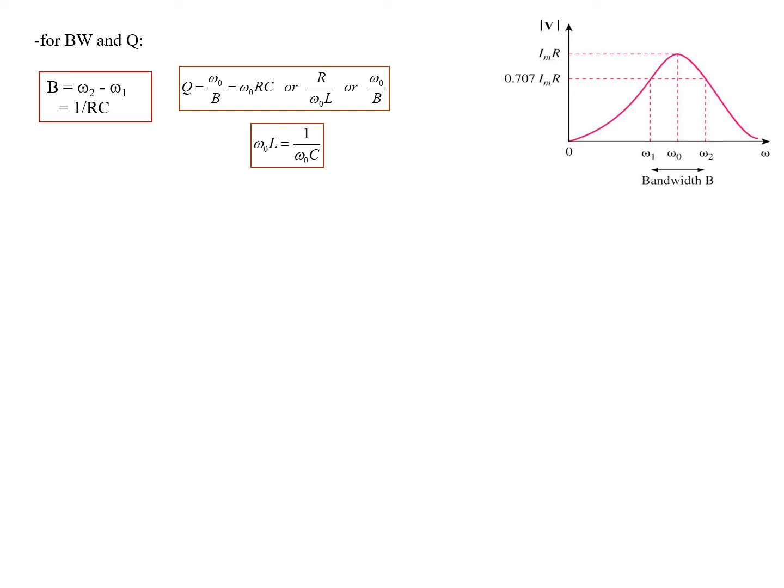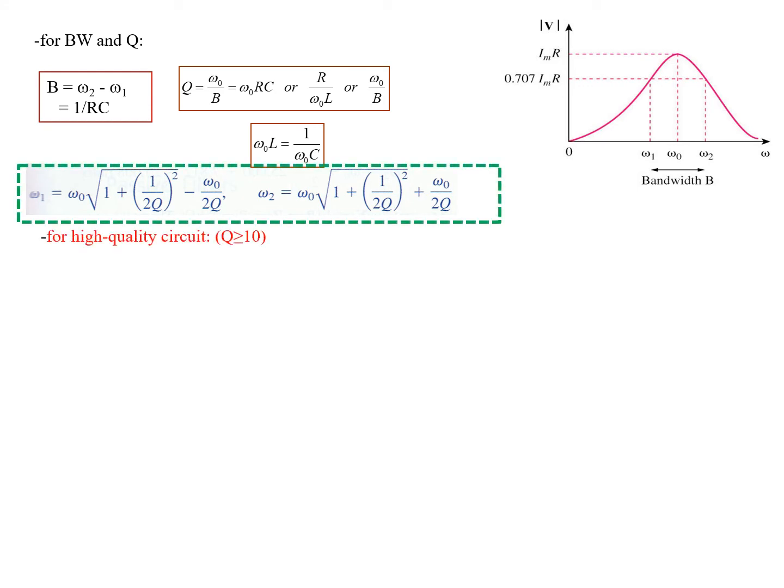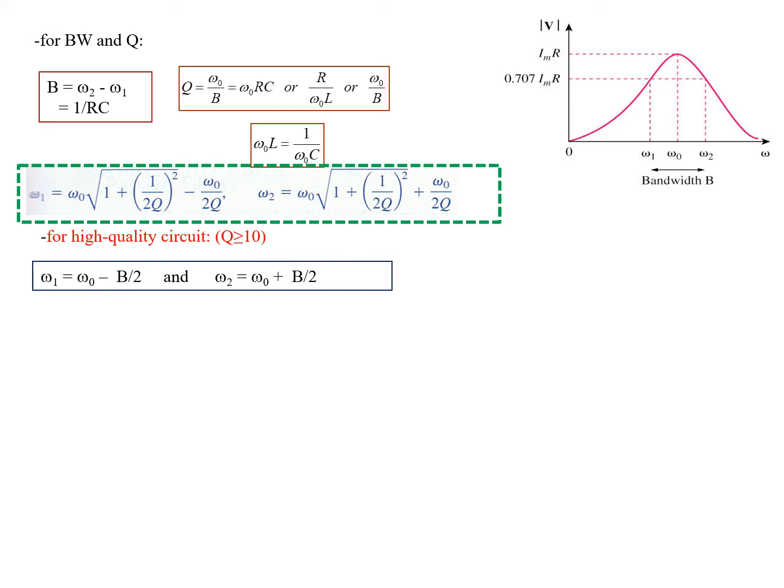This is the bandwidth graph, and these are the frequencies ω1 and ω2. For high quality circuits, Q greater than 10, ω1 is ω0 minus bandwidth over 2, and ω2 is ω0 plus bandwidth over 2.